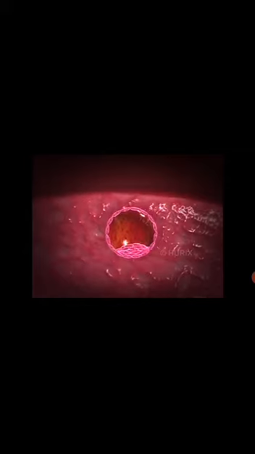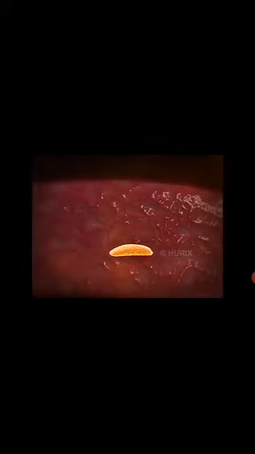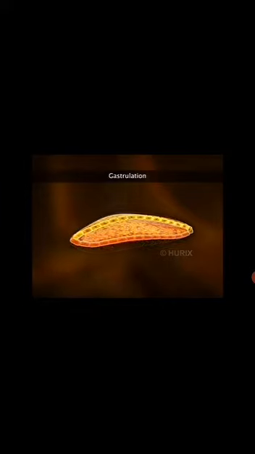Immediately after implantation, the inner cell mass of the blastocyst starts differentiating to form the primary germ layers. This process is called gastrulation. The cells of the inner cell mass migrate, divide, and rearrange into an outer layer called the ectoderm and an inner layer called the endoderm.